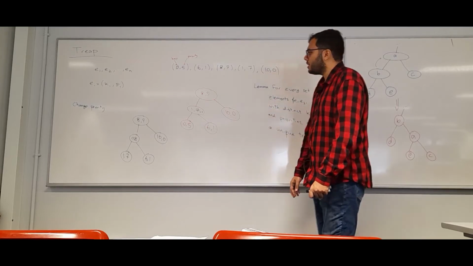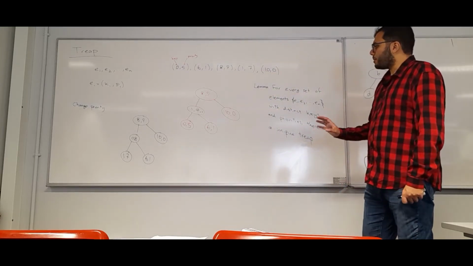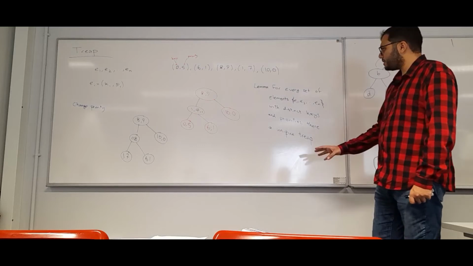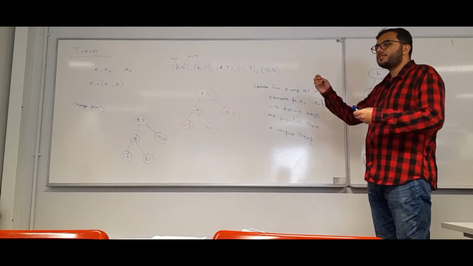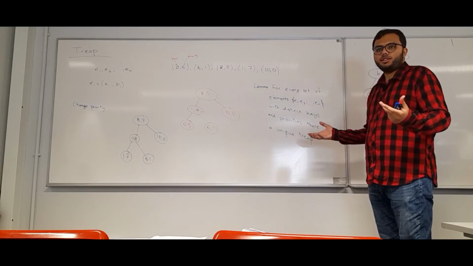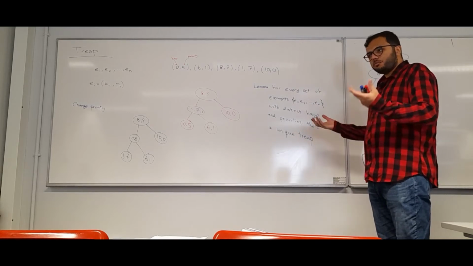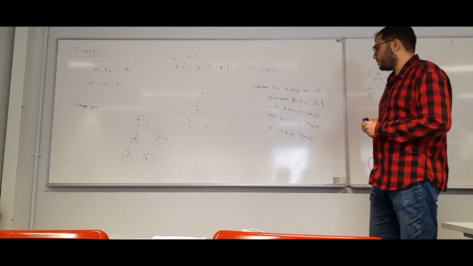Okay. So, my point here is that in any case, your runtime is bounded by the number of ancestors of some node in your tree. And that node might change, but your runtime is always bounded.